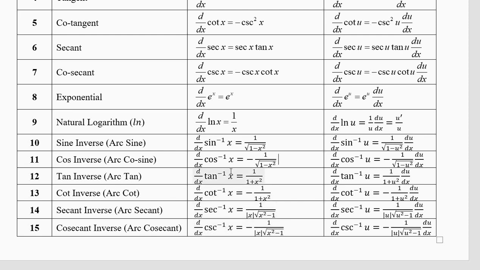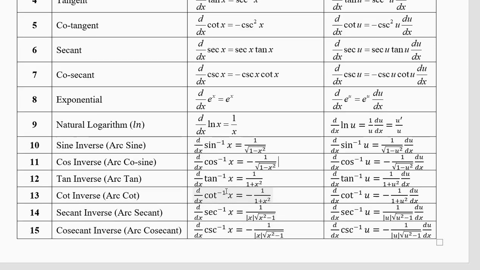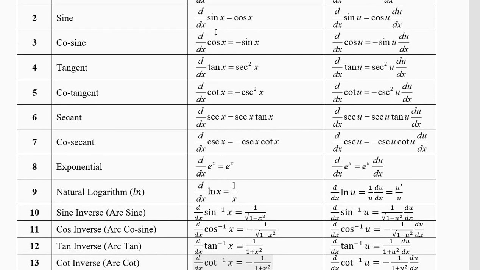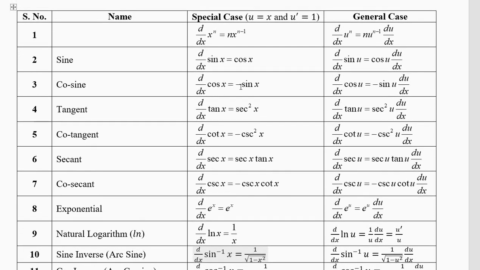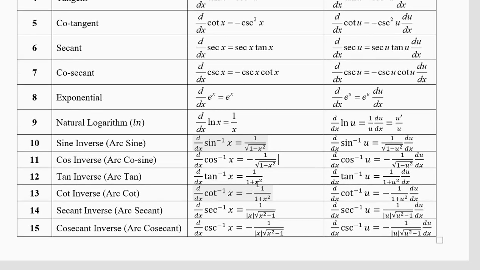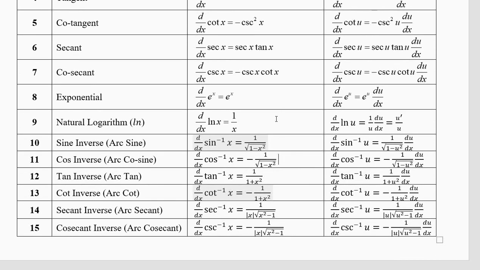Please remember, we get minus sign for cos inverse, cot inverse and cosecant inverse. Other three we do not get. Same thing which happened for the functions, same thing happens for the inverse. Here for cos you get the minus sign, for cot you get the minus sign, for cosecant you get the minus sign.